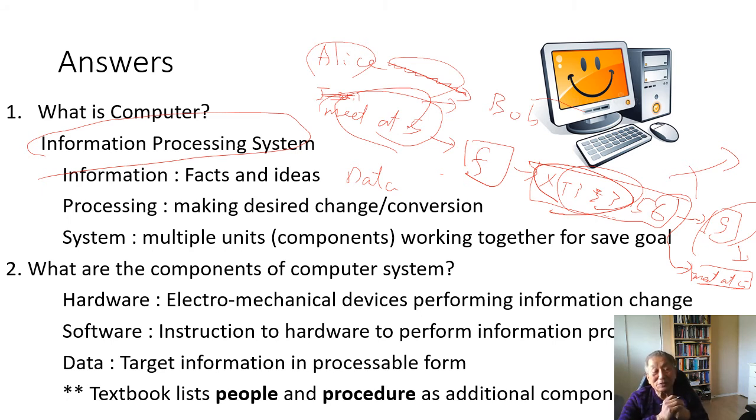It's more like cooking: when you mix flour, sugar and water and bake, you get a pizza or bread. That kind of change into something hopefully more useful is called processing.